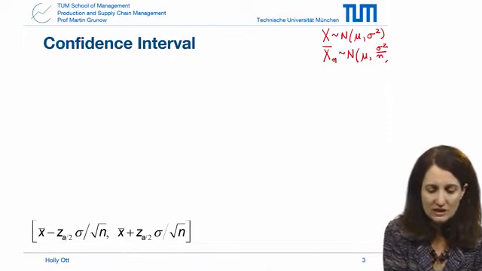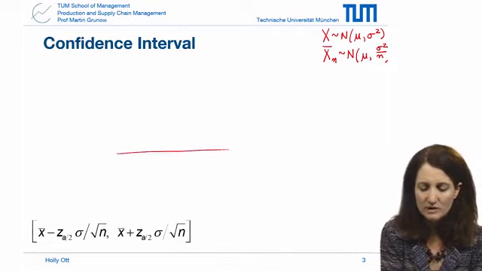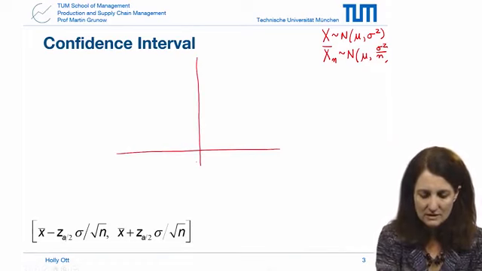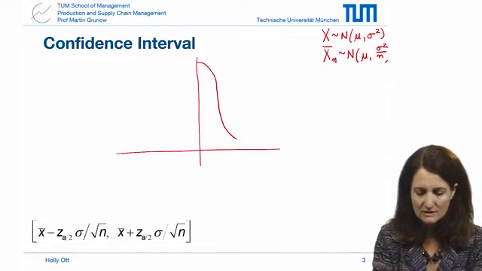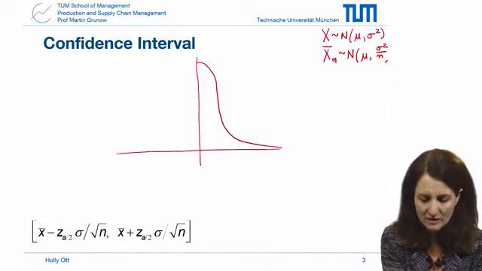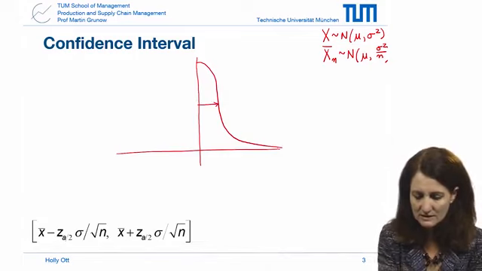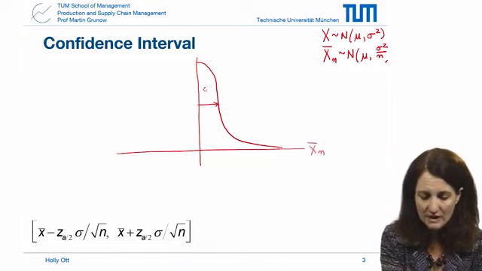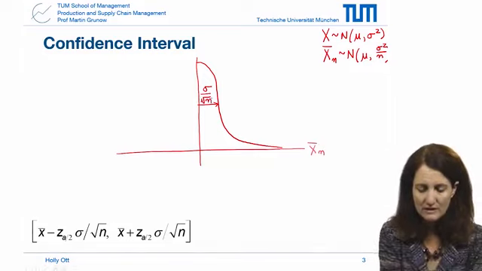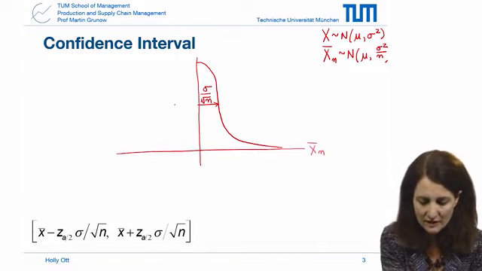Let's draw this out here. I'll try and draw this carefully. As I said, you can skip ahead if you like. Here is a sketch of the sample average. So we have here the known standard deviation over the square root of n.